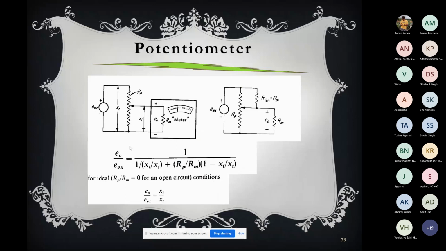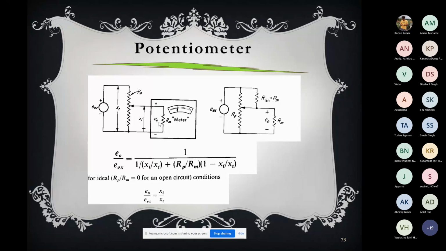But in reality, it is not so simple because there is no meter which has infinite resistance. Resistance can be high, but it cannot simply be assumed to be infinite. Okay. So we have to see how the loading effect comes into play or can deteriorate it. So now to do it, you see the figure on the left hand side. We assume that the meter measuring E0 has a resistance Rm, which is very high.